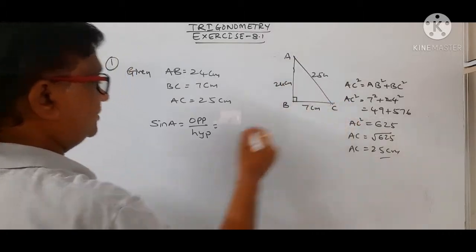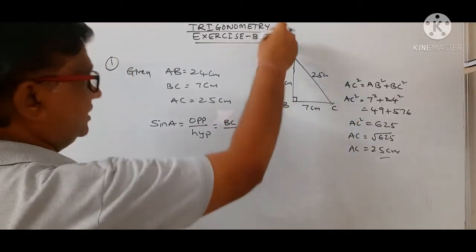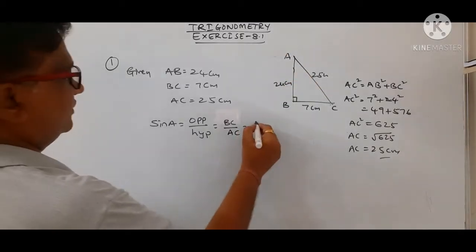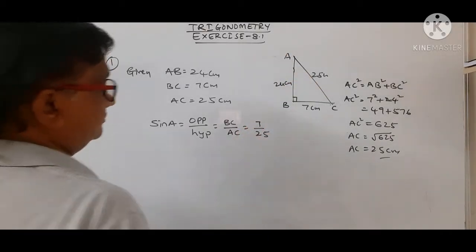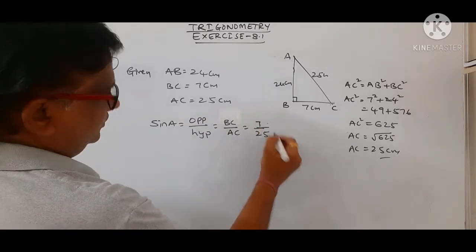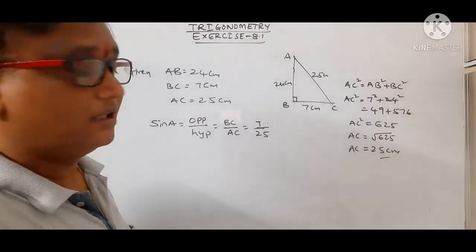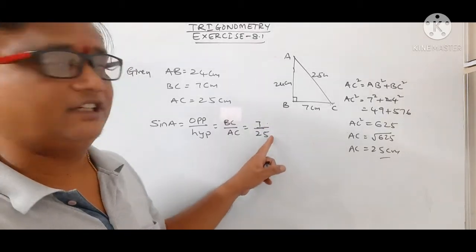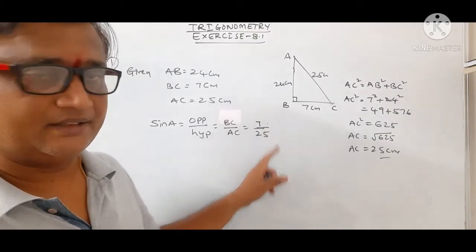The opposite of sin A is BC by AC. So BC by AC, 7 by 25. Centimeters by centimeters, so centimeter cancels. That's why ratios don't have any units.